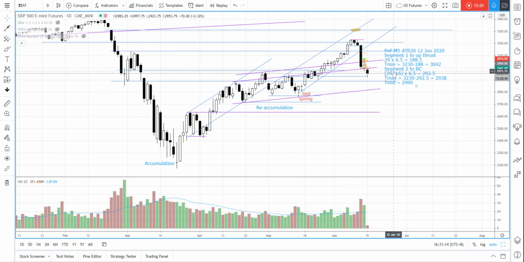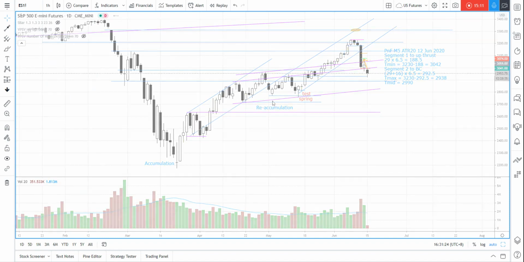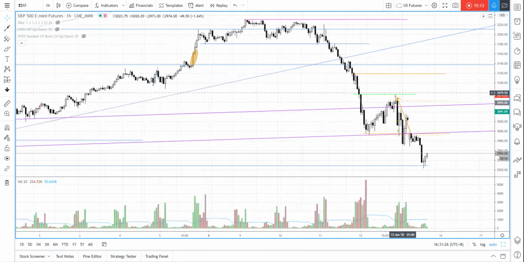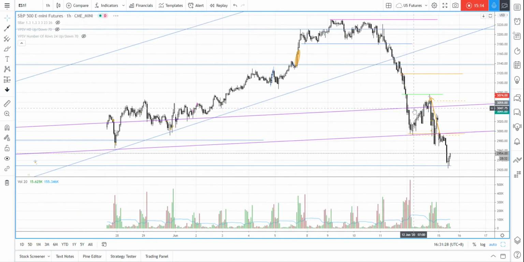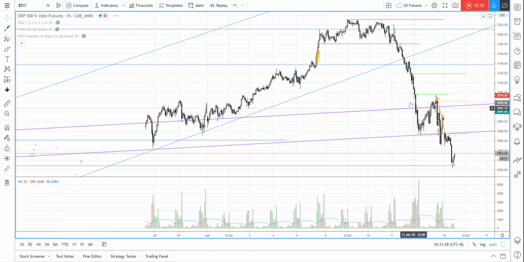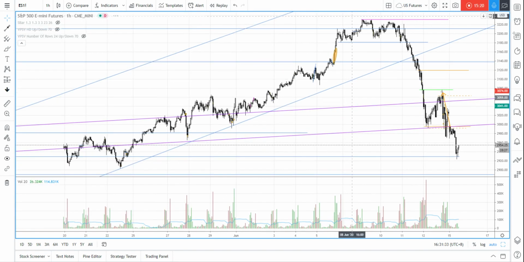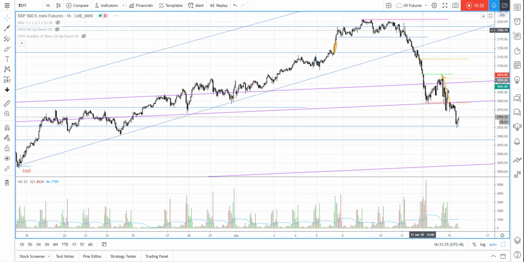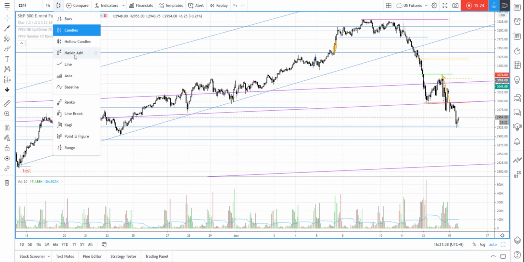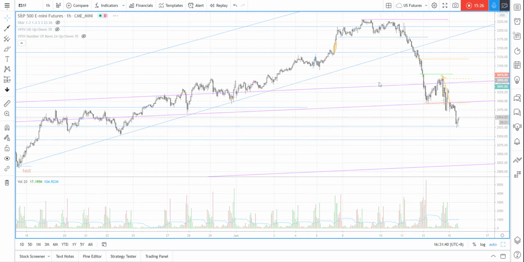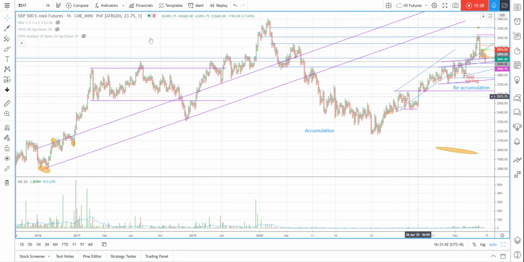So we just need to be careful, despite what I mentioned, because of the lack of cause built for the distribution. What I mean is like this. If you look at the H1 time frame, let me zoom out a little bit here. You can see that the distribution top here is relatively short. And if you look at the point and figure here, you can see what I mean.